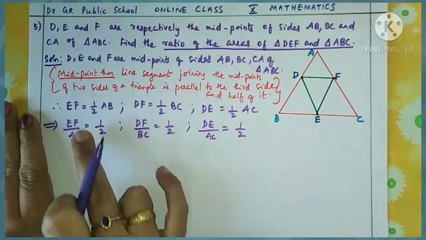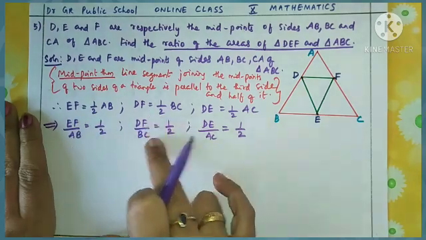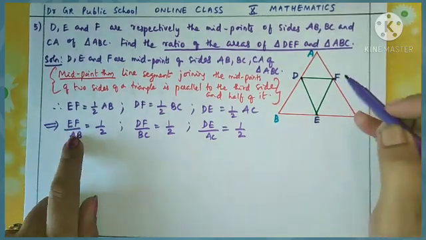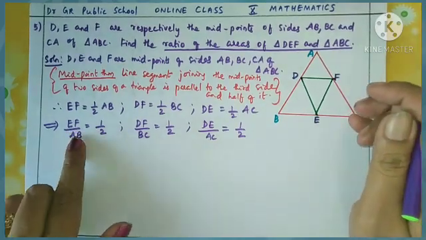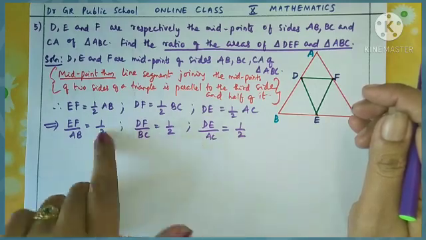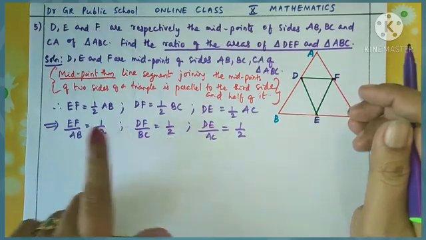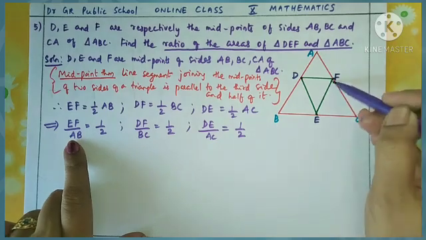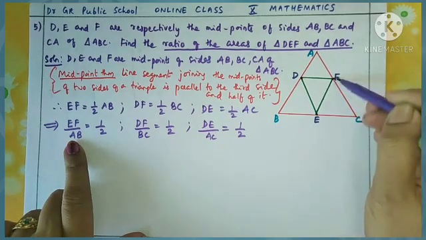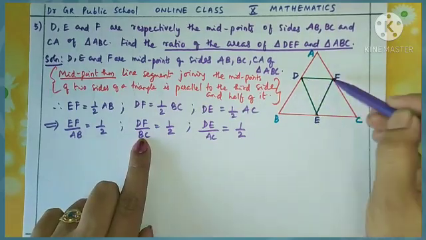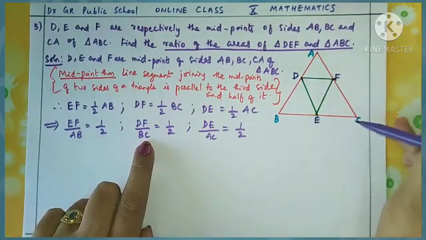Okay. So what is this EF, AB, DF, BC? You see in this diagram, what is EF? So what is the meaning of this? These three ratios are correspondingly equal and they are equal to half. So you see, EF corresponds to AB. Understand? Similarly DF corresponds to BC.